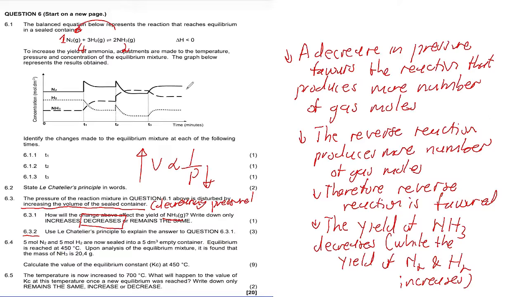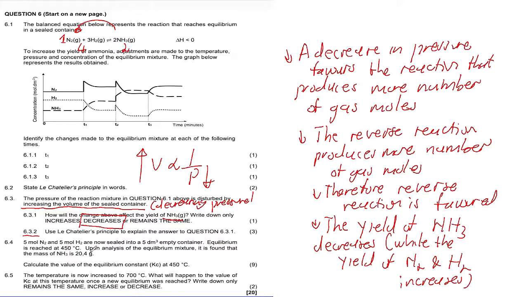The reverse reaction is the one that produces more number of gas moles. Therefore, the reverse reaction is the one that will be favored. If the reverse reaction is favored, then understand this: the concentration of the products will have to decrease while the concentration of the reactants increases. That's how you explain according to Le Chatelier's principle, right?